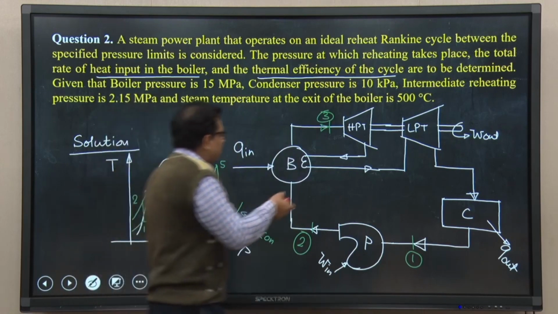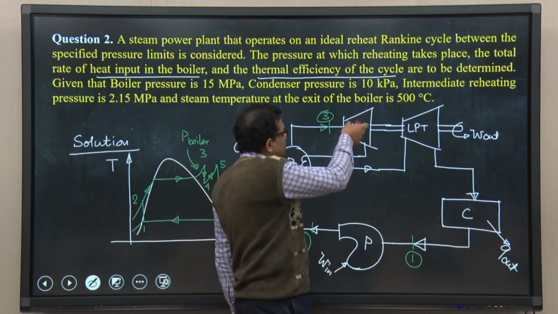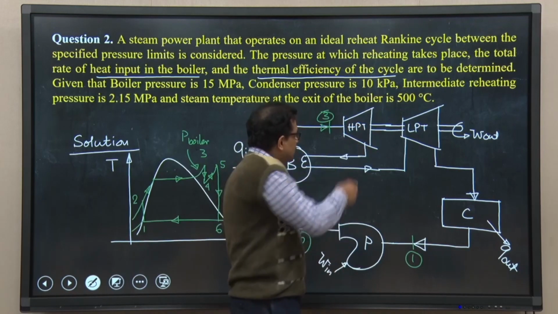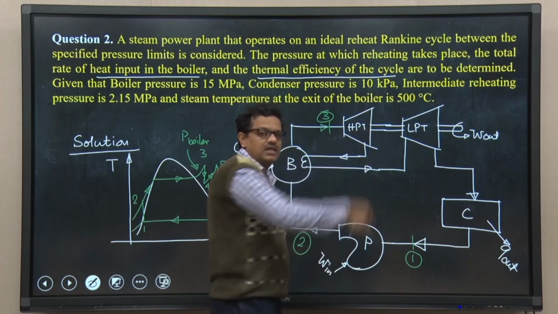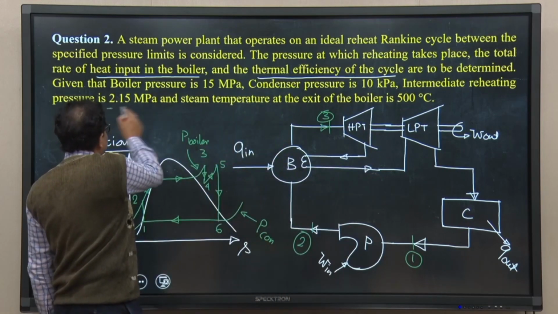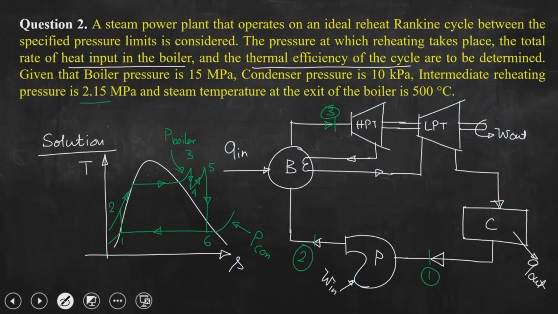When steam does work in the high pressure stage turbine, pressure will fall. So, this expansion is allowed up to an intermediate pressure, that is 2.15 megapascal. So, that is P4 equal to P5. These 2 points are on the same pressure line, and so basically this is point 4 and this is point 5 and this is point 6, right.